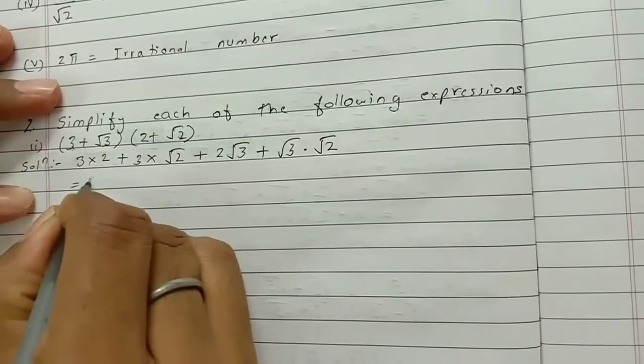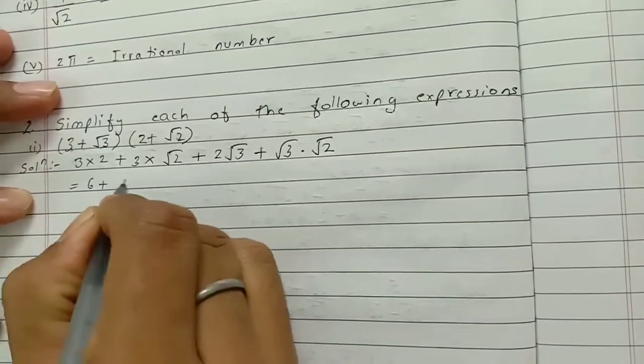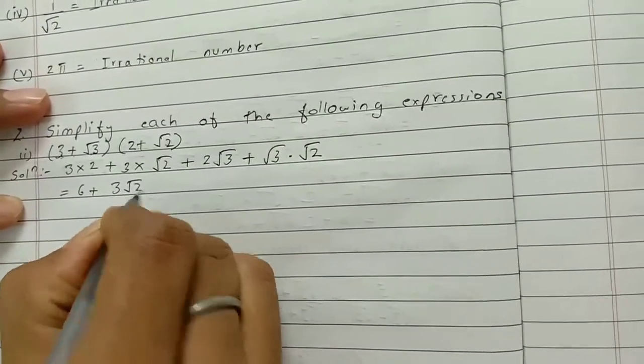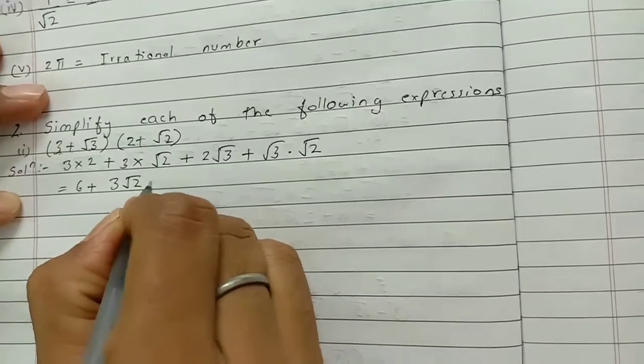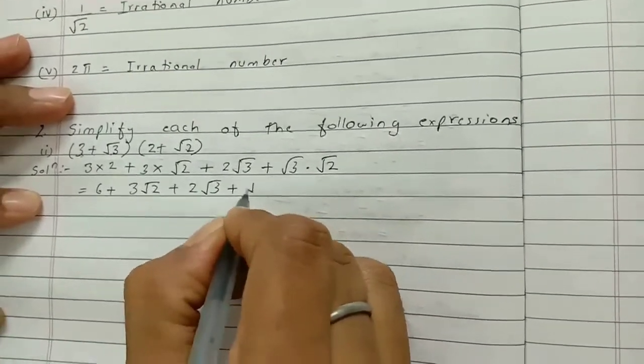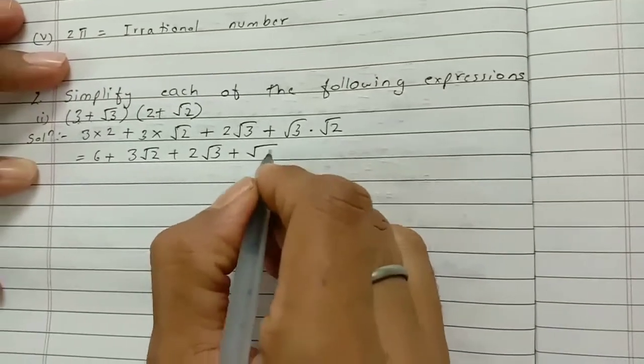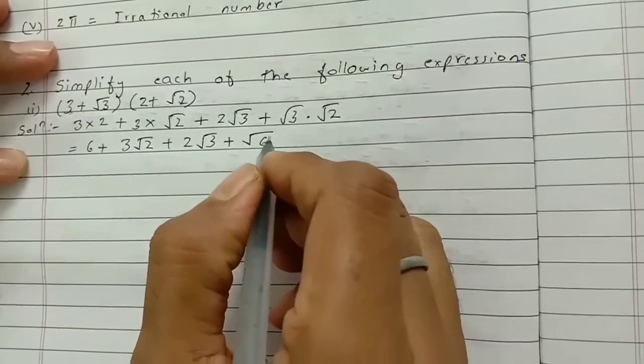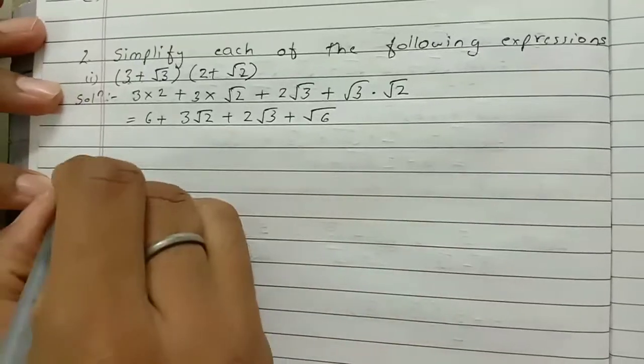So if you solve this, the answer will be 6 plus 3 root 2 plus 2 root 3 plus root 3 into root 2 is root 6. So this is the answer.